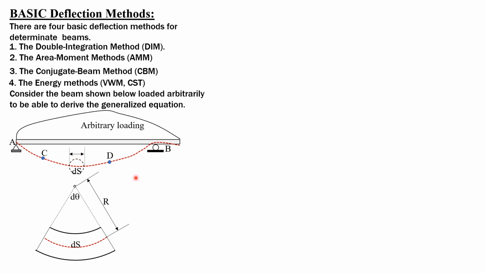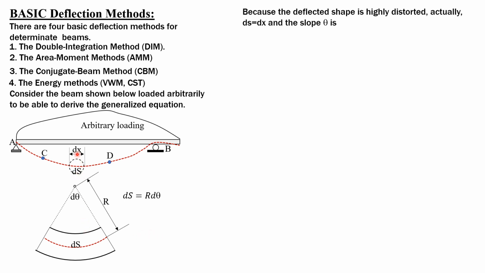This straight line distance is actually almost equal to dx, as I said. Since from geometry, the arc length is equal to the product of the radius of curvature and the central angle, d theta, and I hope you know that from s equals r theta from geometry or trigonometry, then because the deflected shape is highly distorted, ds is practically equal to dx, and the slope theta is very, very close to 0.